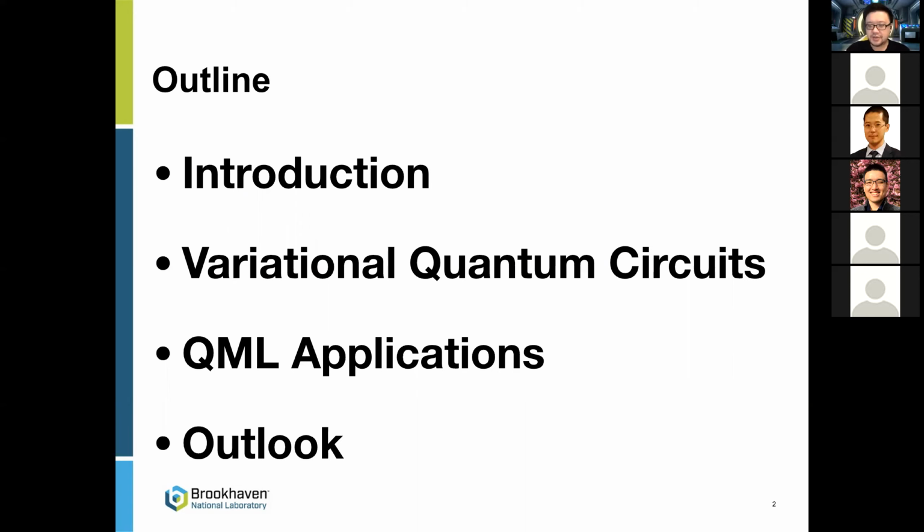After we introduce the necessary notations and preliminary knowledge of the VQC, I will present some recent quantum machine learning applications. And then I will point out some potential future research directions.